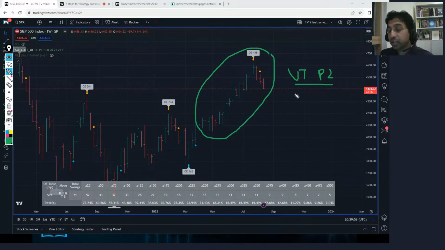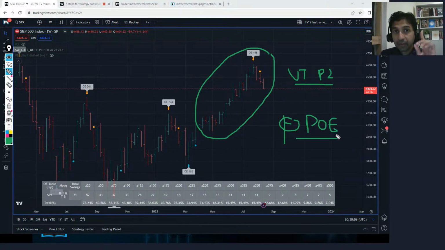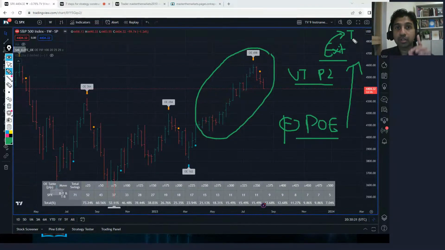The most important thing, traders, upon point of entry, which is what we teach all our clients since 2010, is that it is very important to know where your exit is going to be. As part of the exit, that is your target rules, which is what we're going to go through right now.